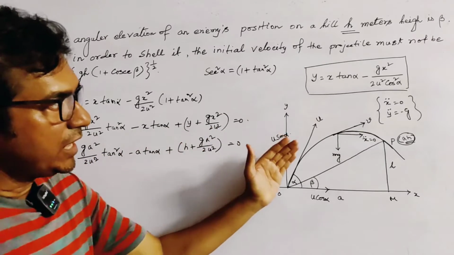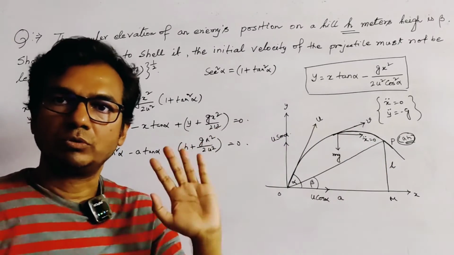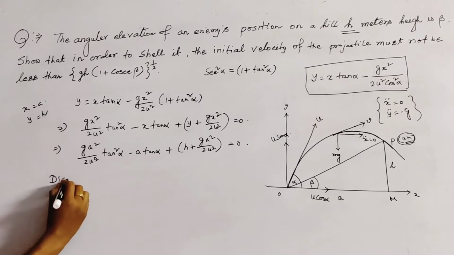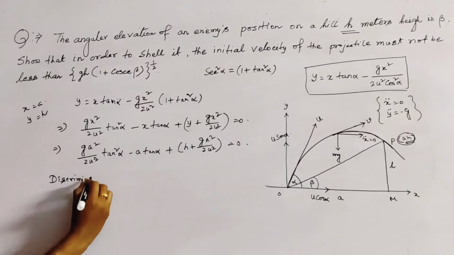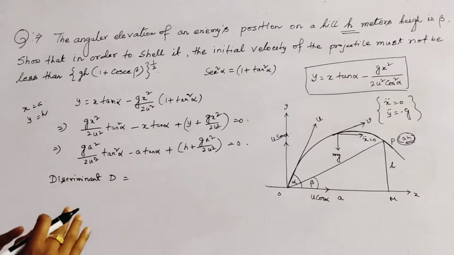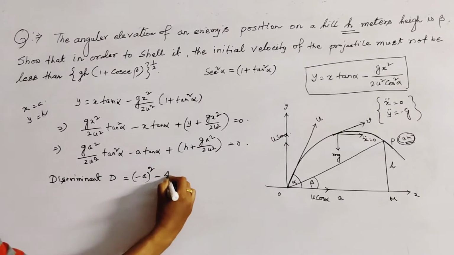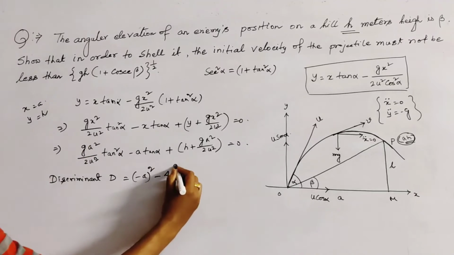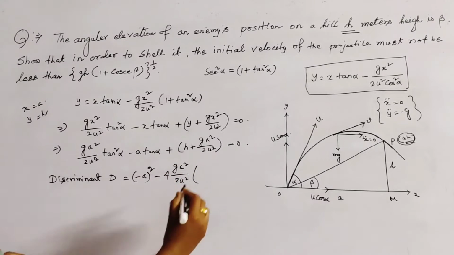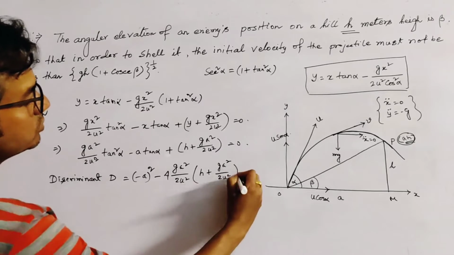For real values of tan alpha, the discriminant must be greater than or equal to 0. So the discriminant D equals b square minus 4ac, which is a square minus 4 times g a square by 2u square times h plus g a square by 2u square.